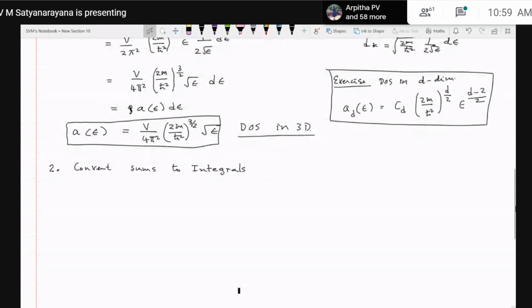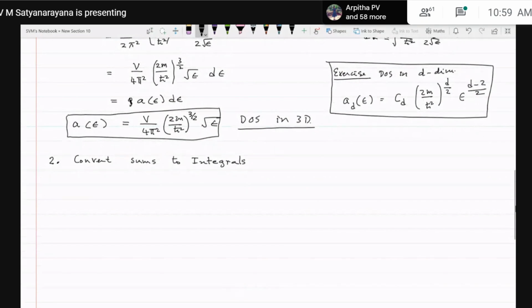So first let us try to convert this average number of particles.